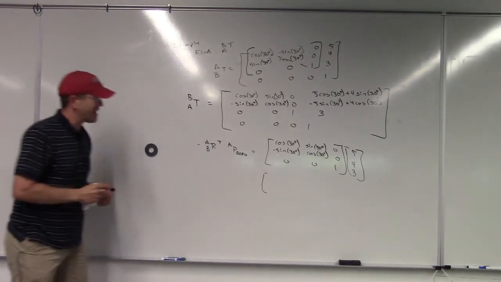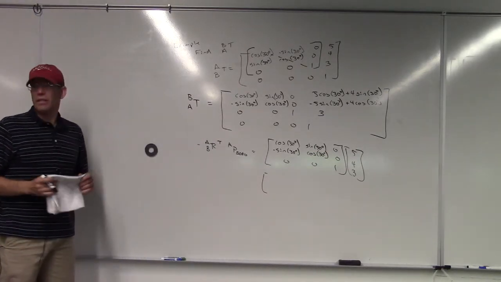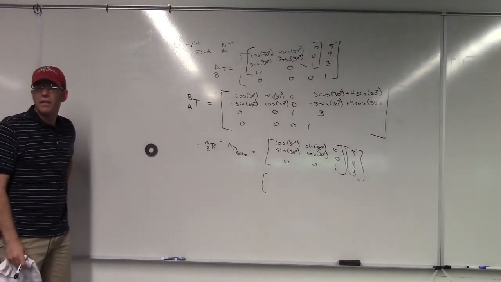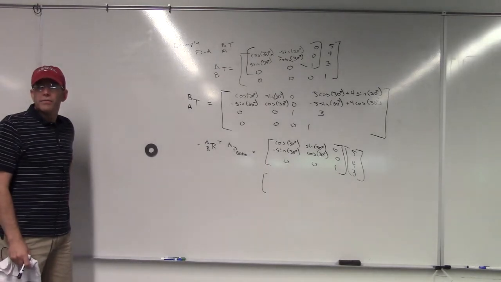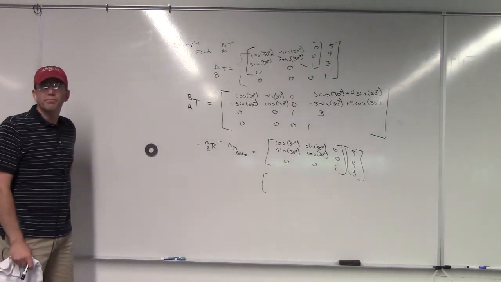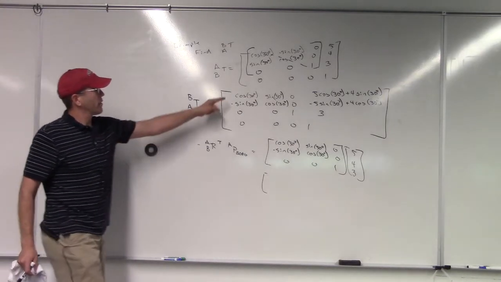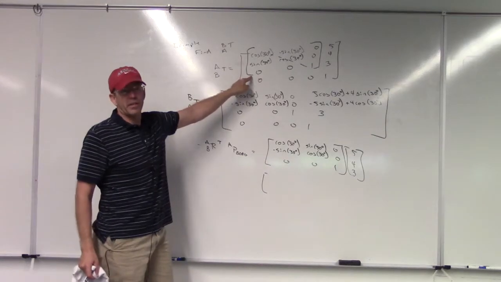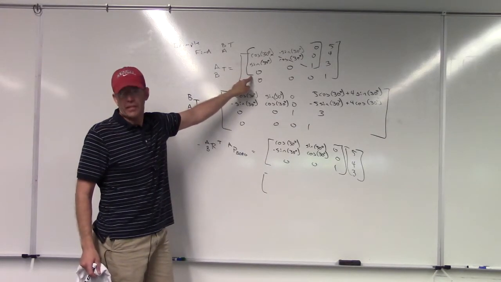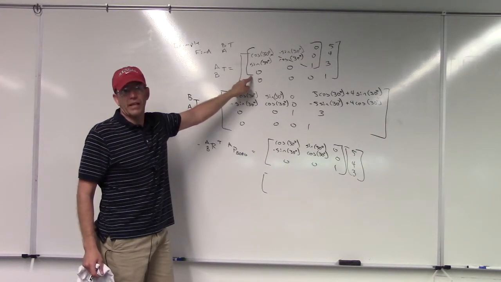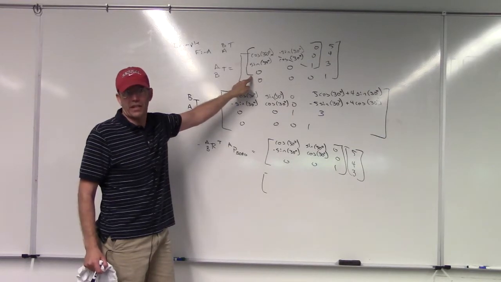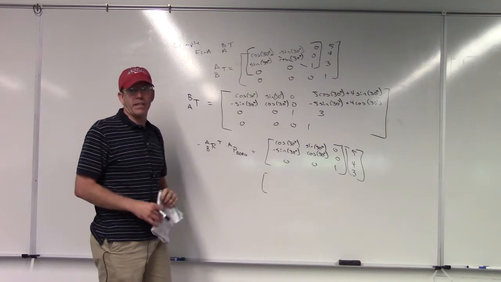Why is the z component unchanged? Look at the transformation. What axis are we rotating about? The z. So the z component is the axis of rotation, therefore it is the component that will not change. That makes sense?